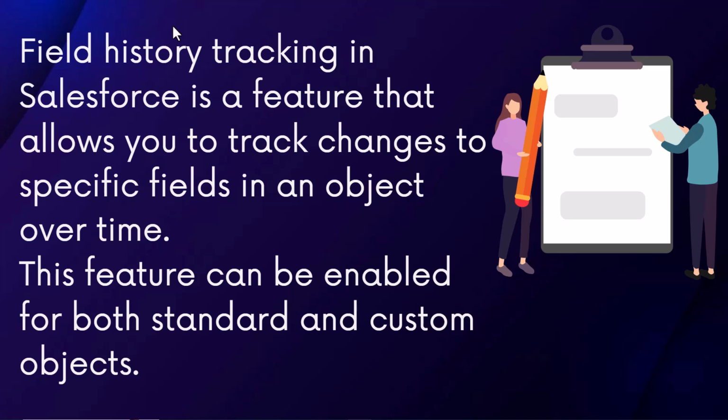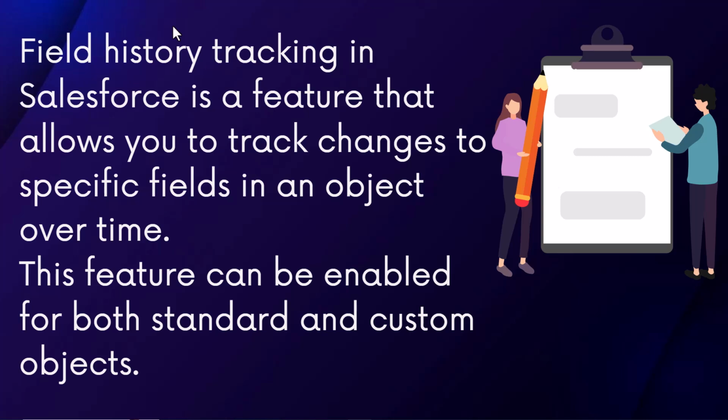notes down what was the previous value and what was the new value, then it is possible that you can see somewhere that the previous value of the contact number is this and the correct value is that.